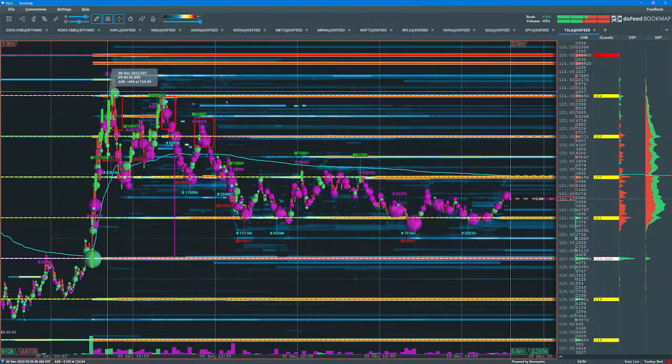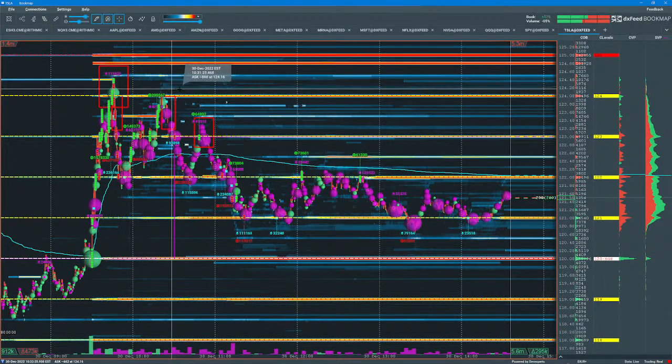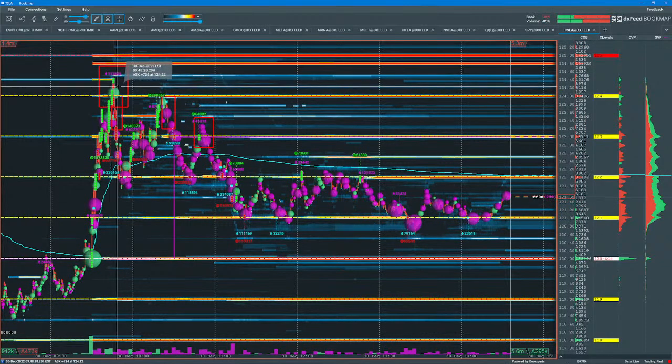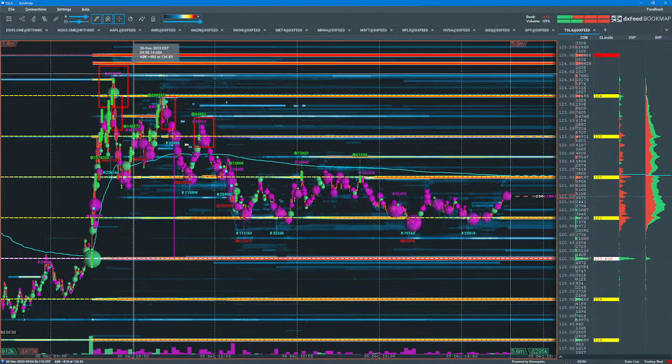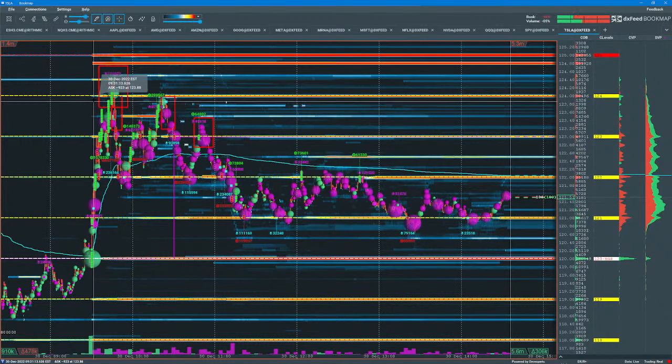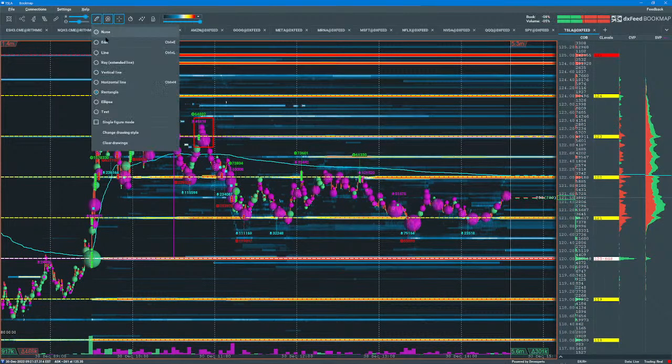And so here, these pinkish purple dots, and actually this number right here, this pinkish purple number, is showing the absorption. So anyway, the setup was, let me clean this up a little bit.